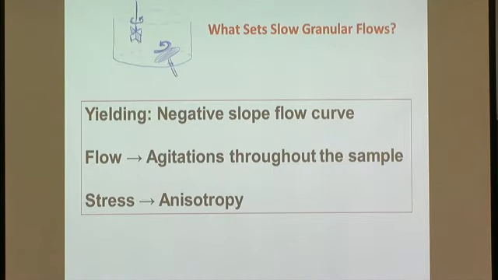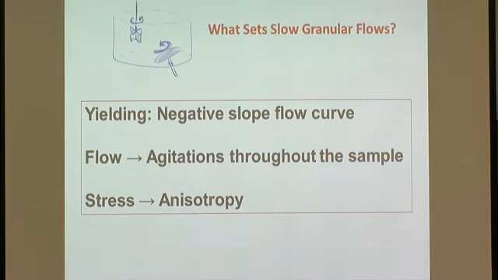Okay, so that brings me to the end. What I hope to have done is show you that there are three things that I think are necessary if you want to describe slow granular flows. Things that we just see in the experiment and that go beyond a simple frictional description.